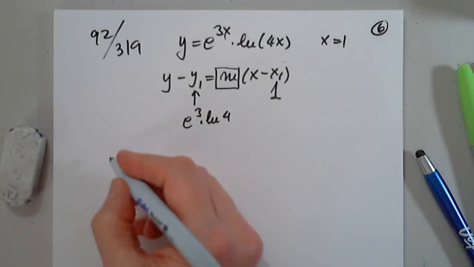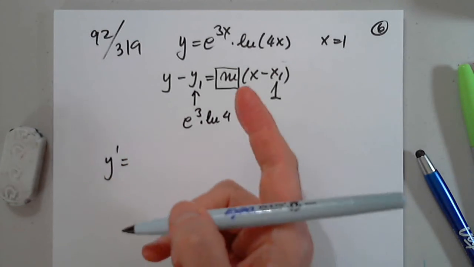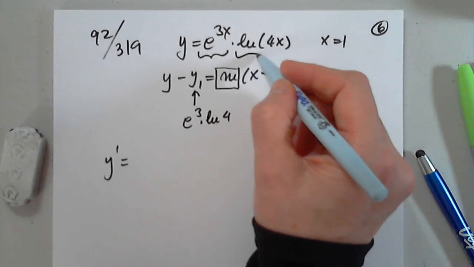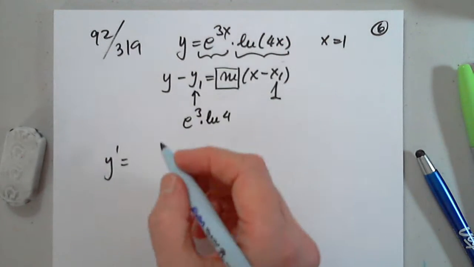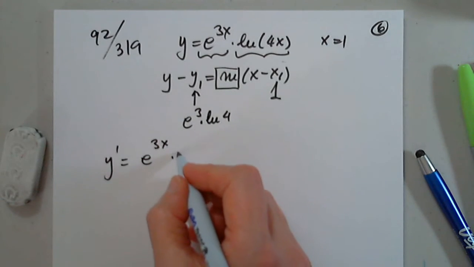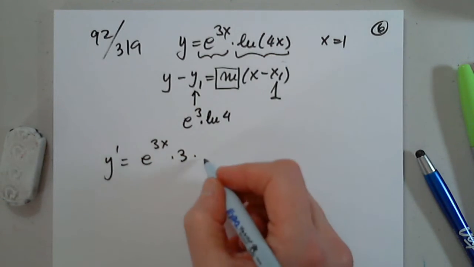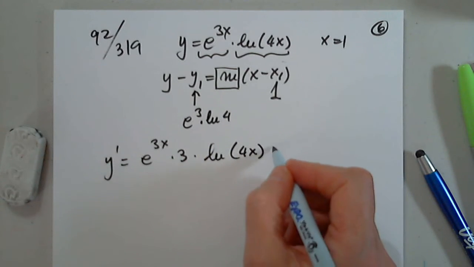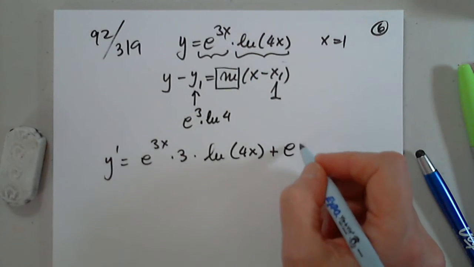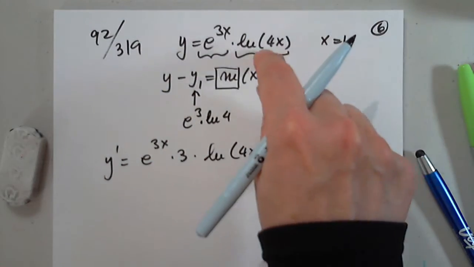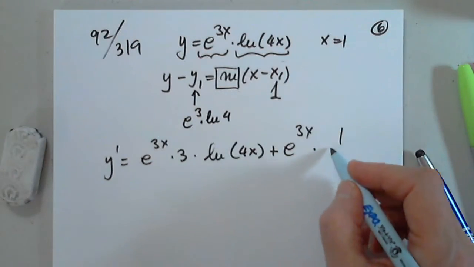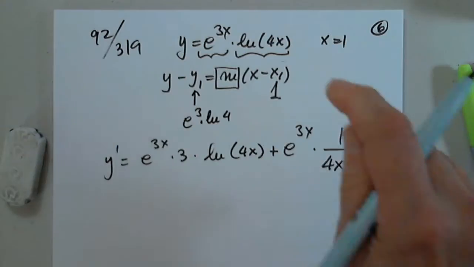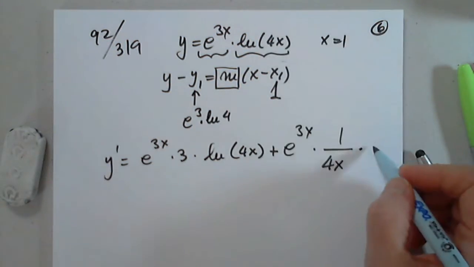Like you just told me a few minutes ago, y prime. But careful, this is a product. First function prime is e to 3x multiplied by 3 times the second function as is, plus e to 3x times the second function prime, which is 1 over 4x, times the inner function prime, which is 4.